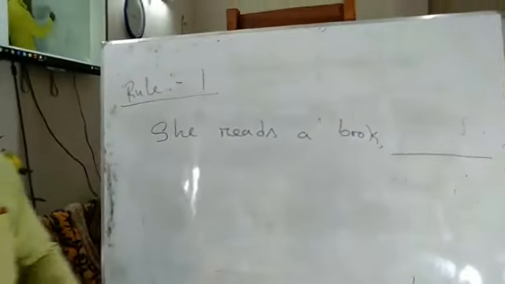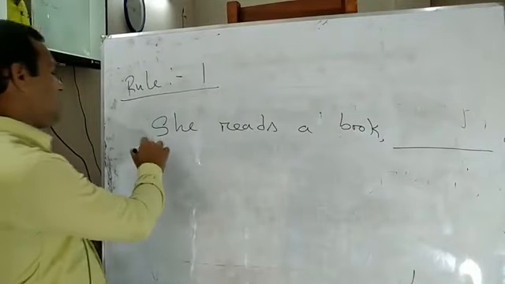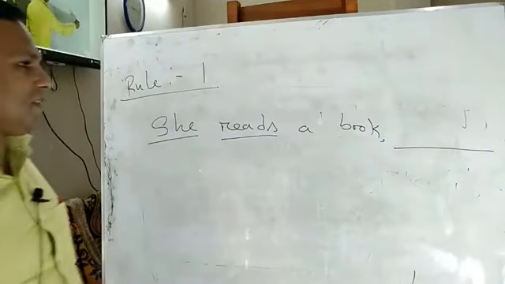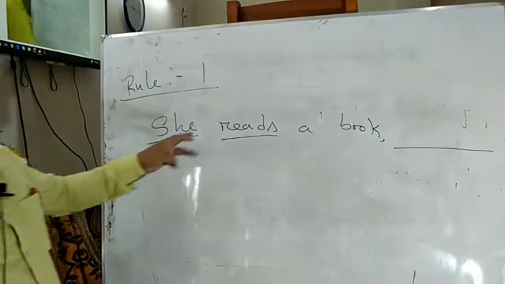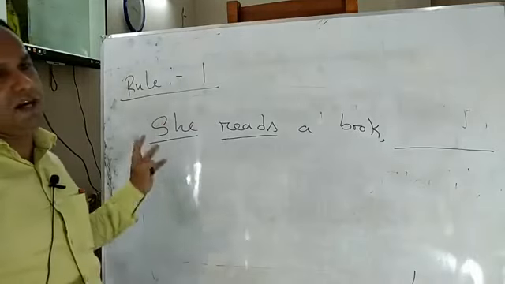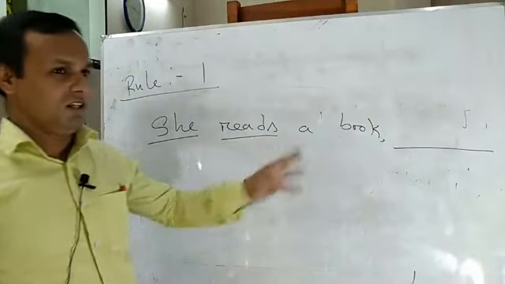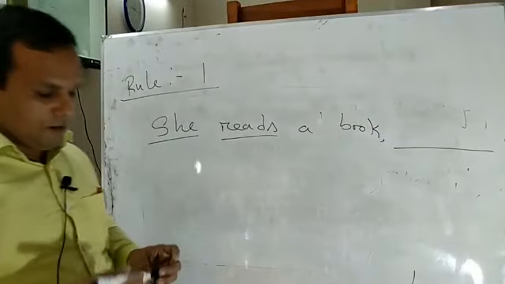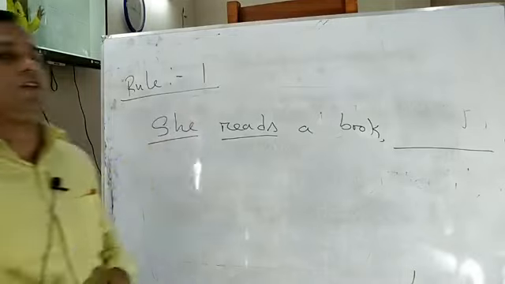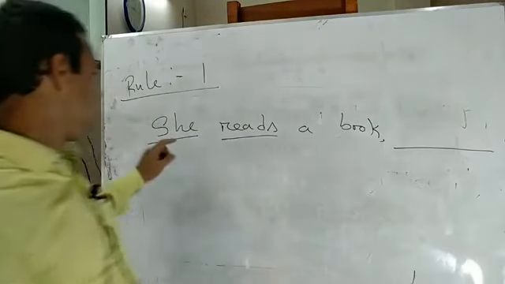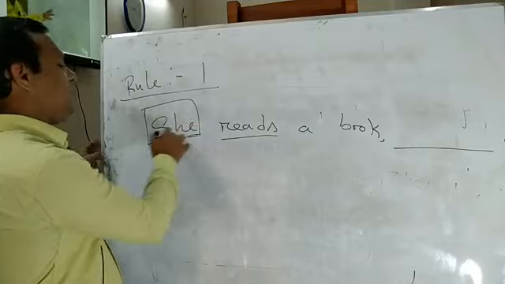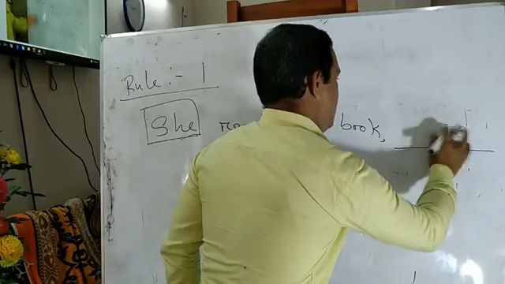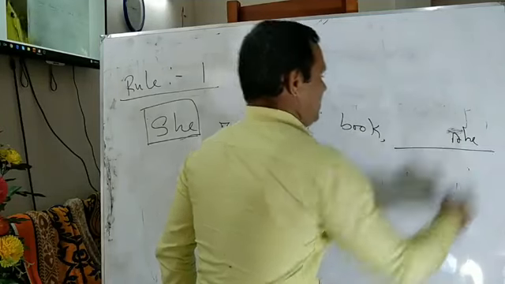Dear students, you see that this is the subject and this is the verb, and you have to know that the subject of the main sentence is always the subject of the tag question. Suppose you see that she is the subject of the main sentence. So I am writing she.